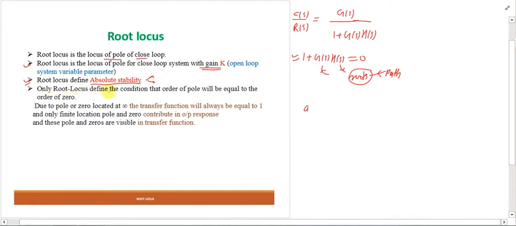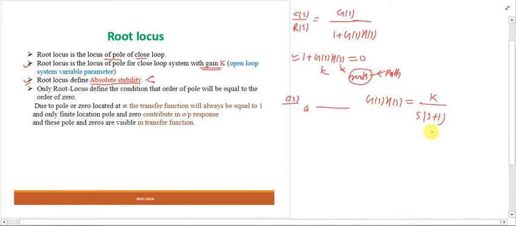For root locus, we assume that the number of poles and the number of zeros of the open loop transfer function of the system are equal. Let us consider a transfer function like this: G(s)H(s) equals k divided by s into (s plus 1).